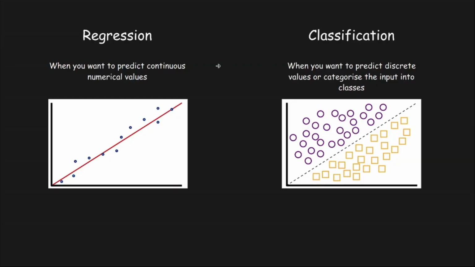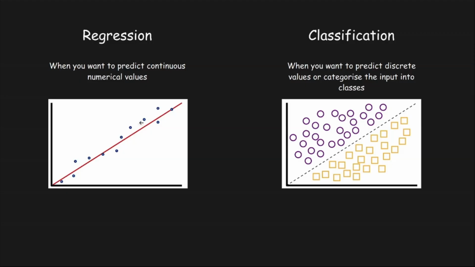What we need to do here in regression is, for example, we want to calculate the housing price based on the area, the location and all those things. Because price, you see, will be a continuous value, right? Or let's say based on the experience and job profile, you want to identify the salary of a person.